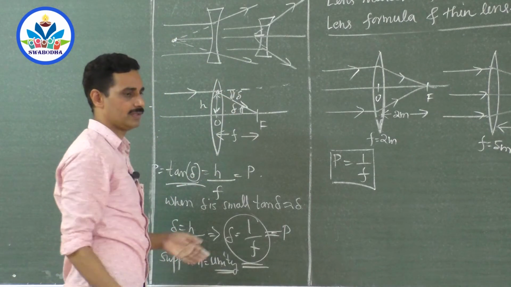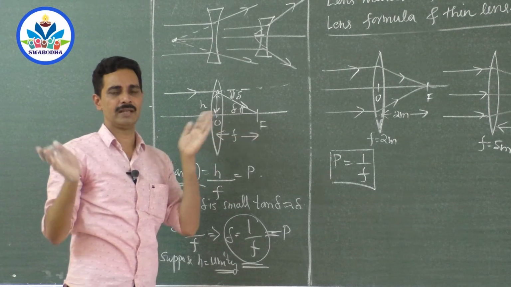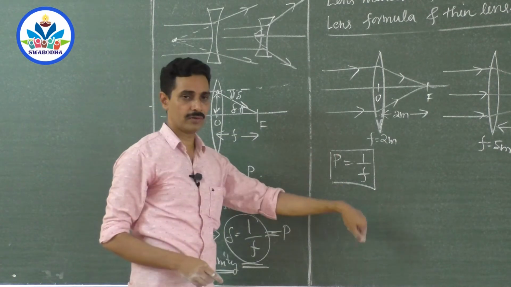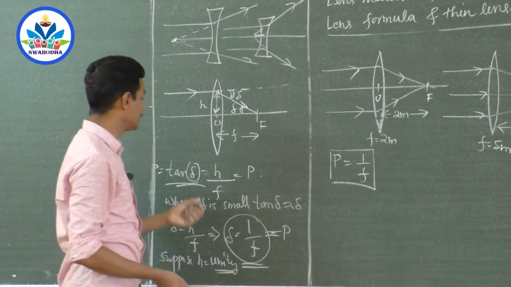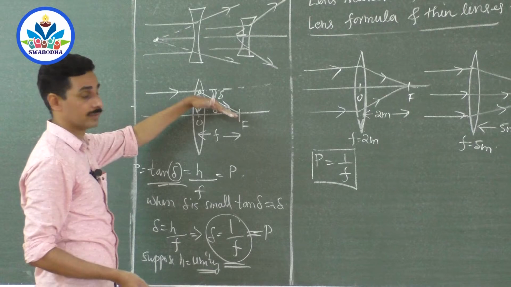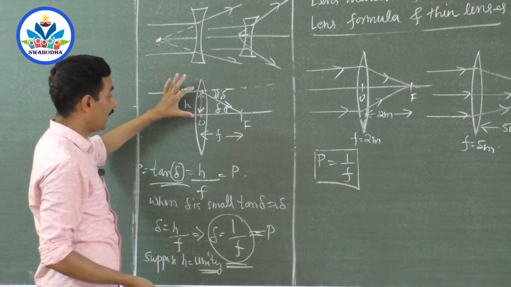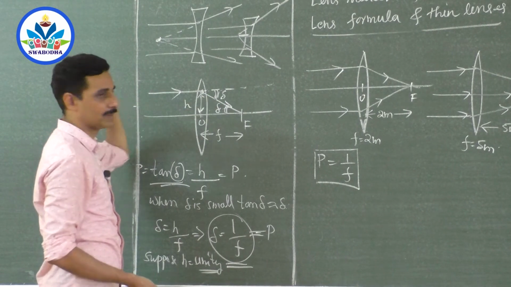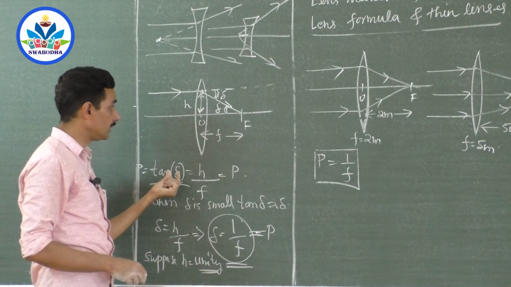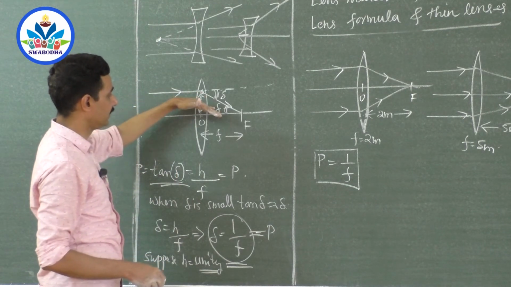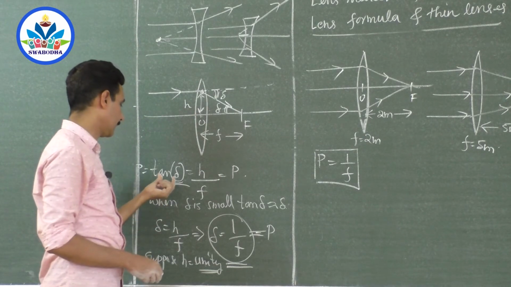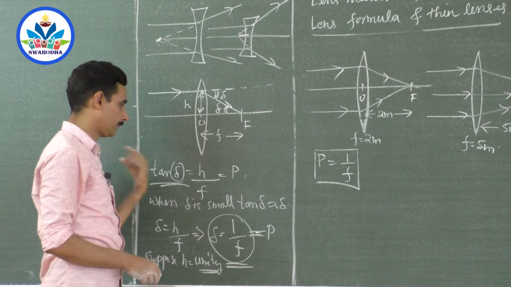So ability of the lens to converge or diverge the rays of light is called power of the lens, and it is measured as the reciprocal of focal length. Or you can define power of a lens as the tangent of the angle through which a parallel beam of light is bent towards the principal axis, and which is incident at unit distance from the optic center. That also has to be defined. So tangent of the angle through which a parallel beam of light is bent at a unit distance from its optic center, that tan delta is called power.